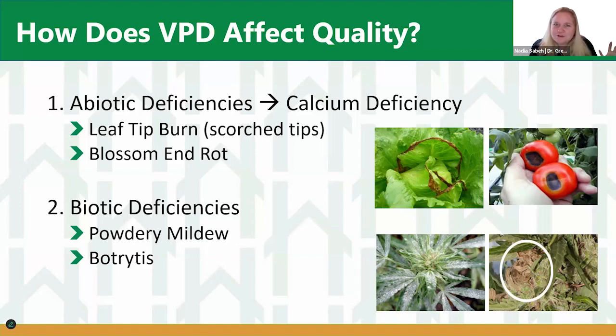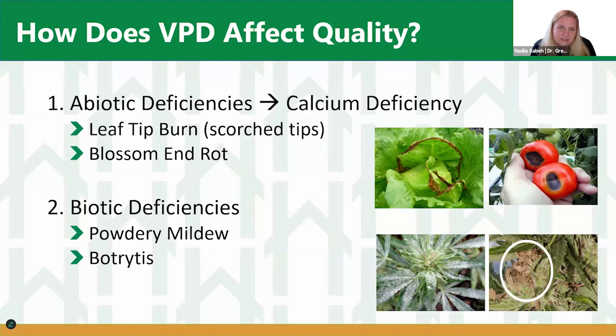I don't know lettuce growers that do that for their leaf tip burn, but possibly it could work. But we don't really want to be spraying anything on our crops after the fact that they have a calcium deficiency, right? We'd much rather just prevent that calcium deficiency in the first place.